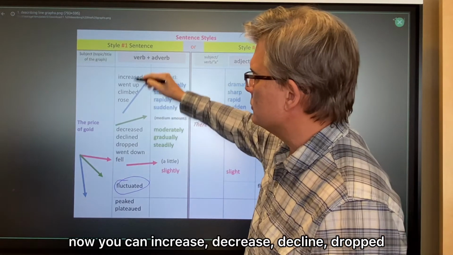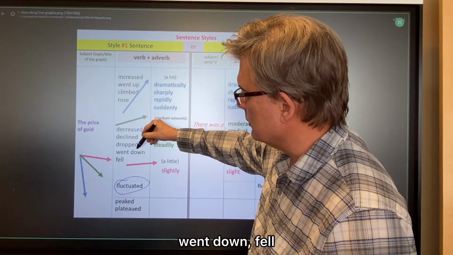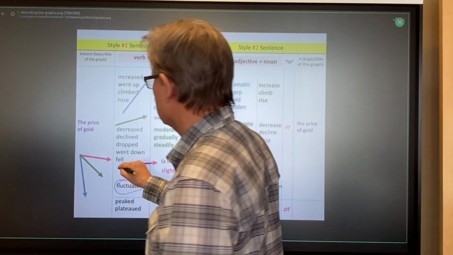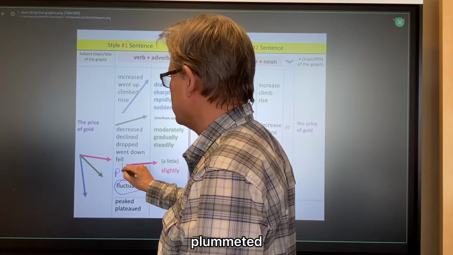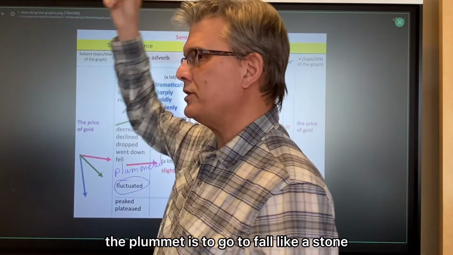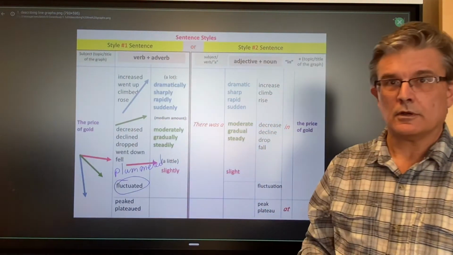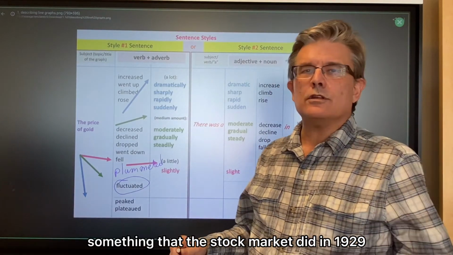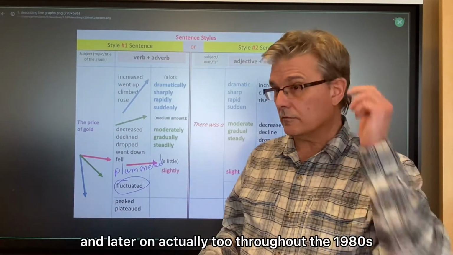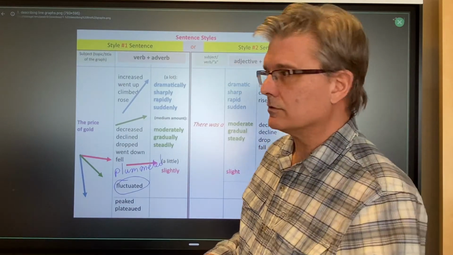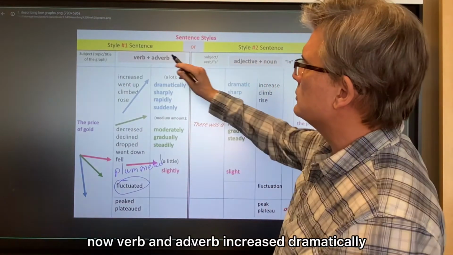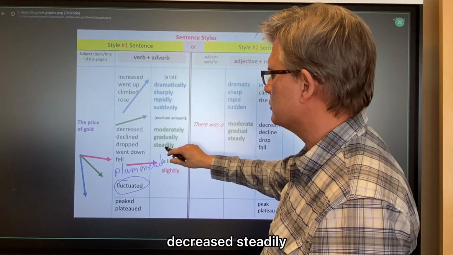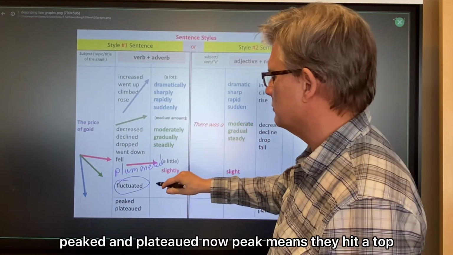Now you can increase, decrease, decline, dropped, went down, fell. And we can add one here, plummeted. To plummet is to fall like a stone. Something that the stock market did in 1929. And later on, actually, too, throughout the 1980s. Now, verb and adverb: increased dramatically, decreased steadily, peaked and plateaued.